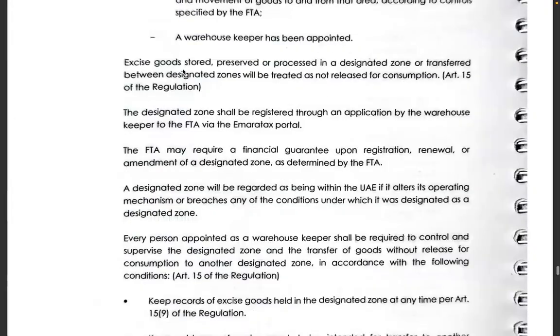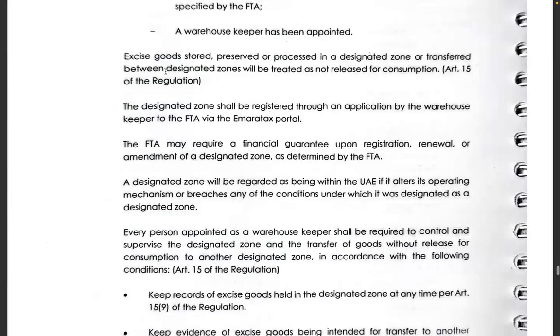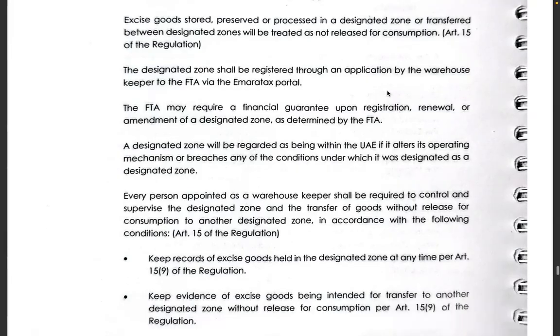Now, excise goods stored, preserved, or processed in a designated zone or transferred between designated zones will be treated as not released for consumption. So if goods are being transported from one designated zone to another designated zone, these will not be treated as released for consumption. It's a simple transfer.